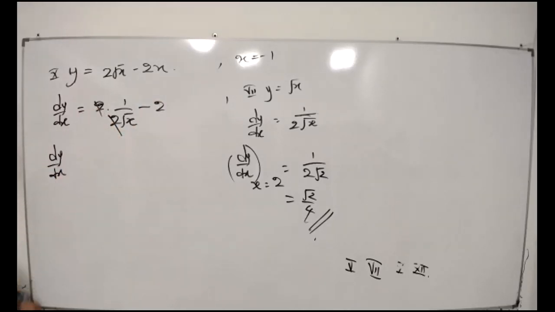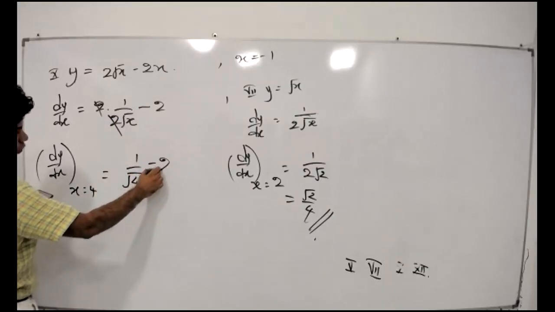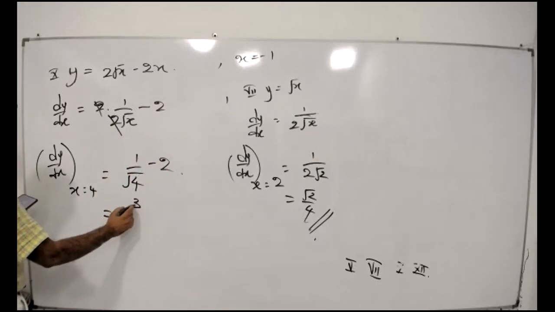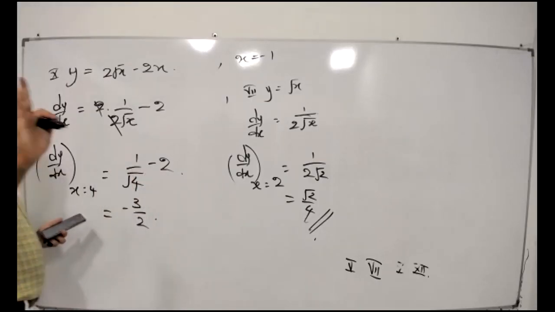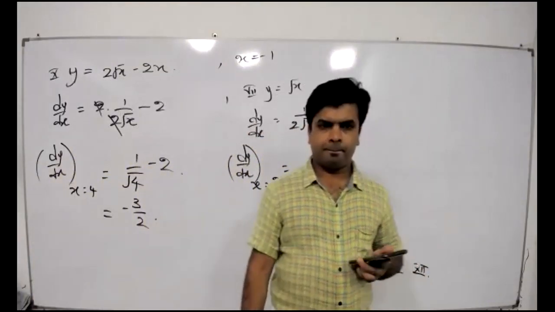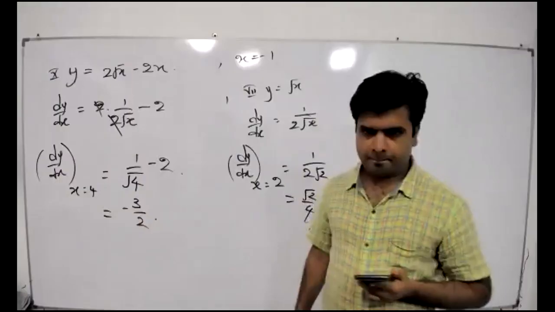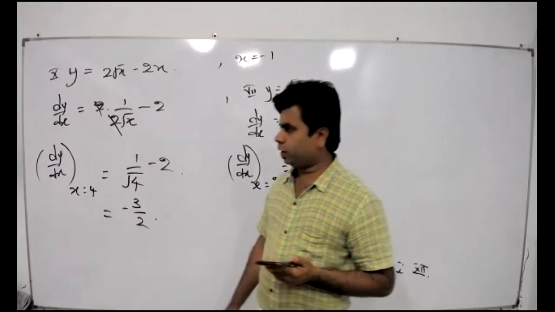Then dy by dx at x equals 4 means 1 over root 4 minus 2, then minus 3 over 2. Right, okay, good.